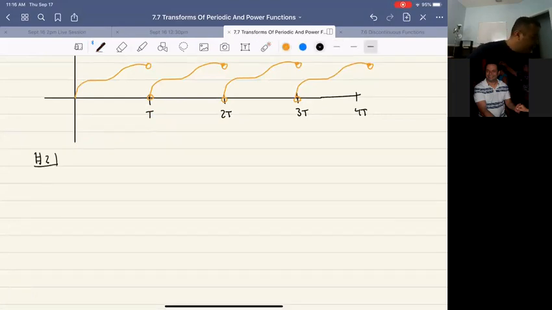Find the Laplace transform where f of t equals e to the t from 0 to 1, and f of t has period 1.